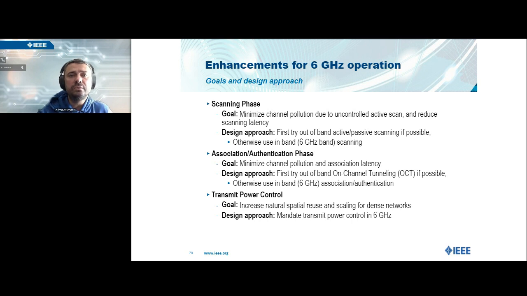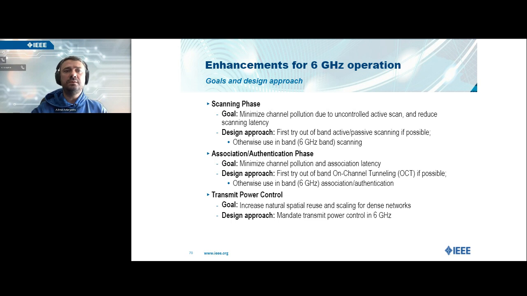Now going to enhancements for the 6 GHz operation. The 6 GHz band became free, or open for discussion for becoming free, for use for 802.11 midway while 802.11ax was being standardized. It came, if I recall correctly, around draft 4.0.